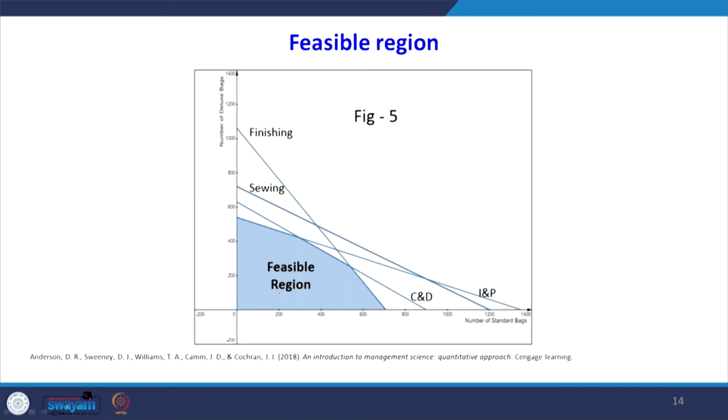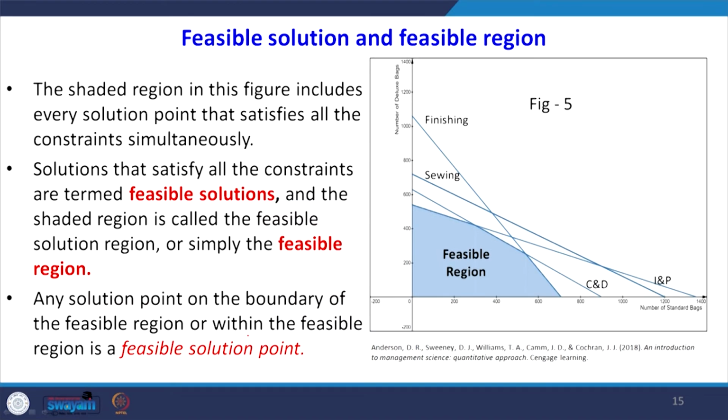Why are we calling it the feasible region? Any point you take in it will satisfy all our constraints. Feasible solution and feasible region. The shaded region in this figure includes every solution point that satisfies all the constraints simultaneously. Solutions that satisfy all the constraints are termed feasible solutions, and the shaded region is called the feasible solution region or simply the feasible region.